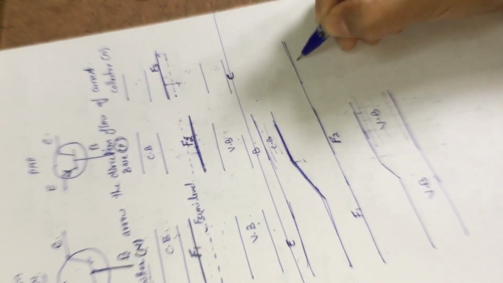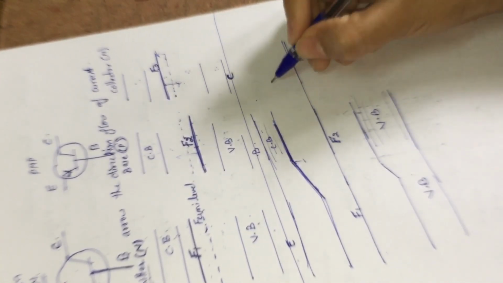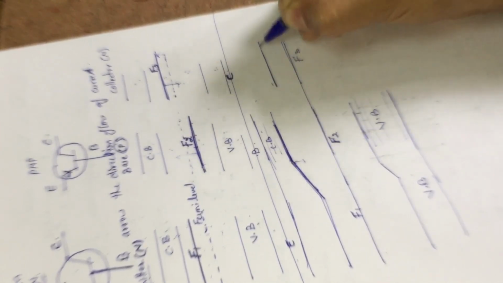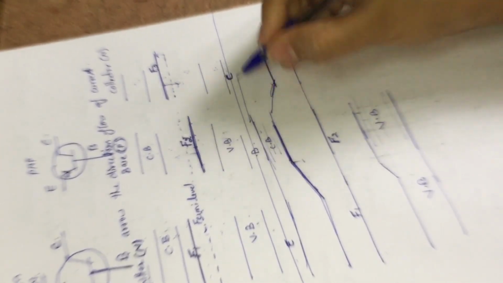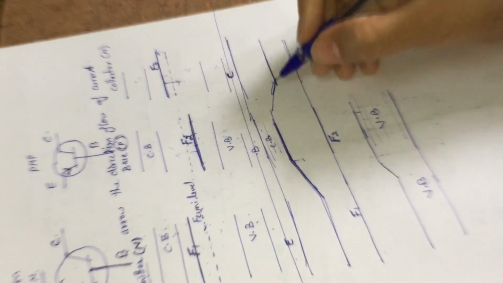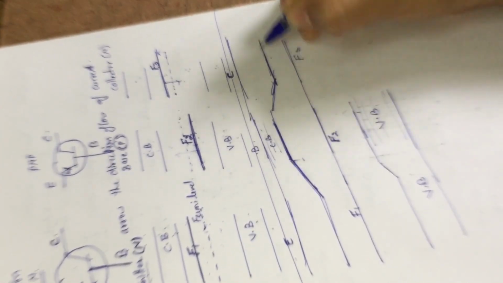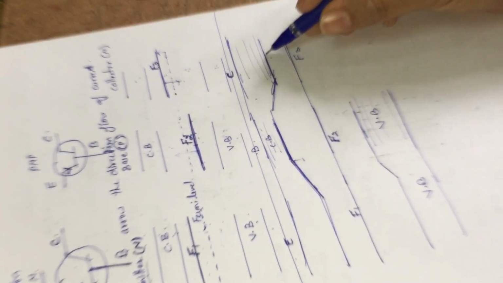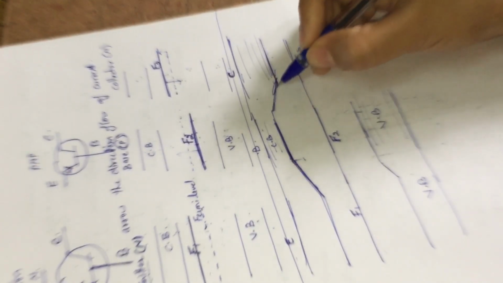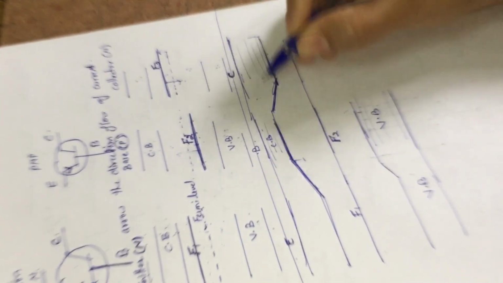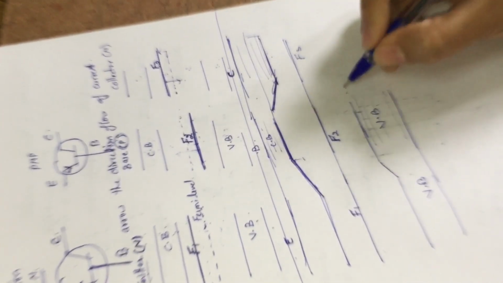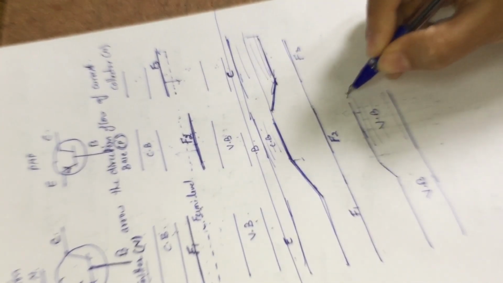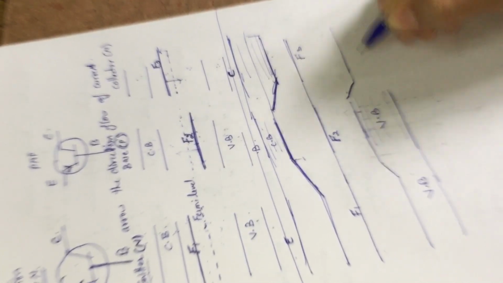If this is the position of F3, then this will be the shifting of the conduction band, and the valence band also shifts by the same distance.